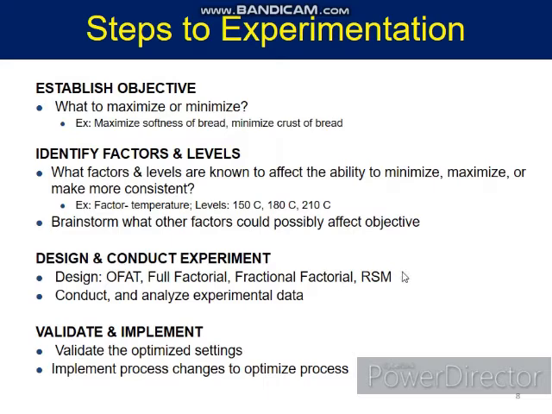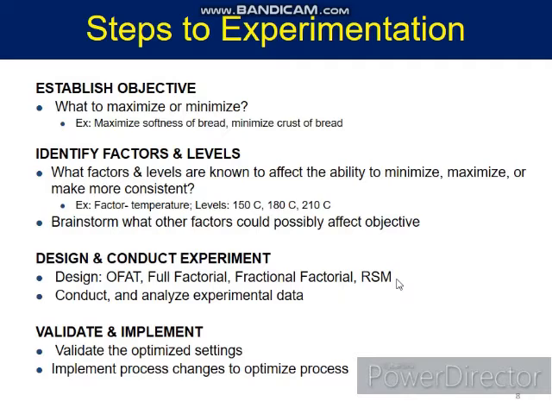Once you design your experiment, you would know how many experiments you're going to run, and what the individual settings are that you have to run for each individual experiment. Usually you can design this kind of experiment using software.